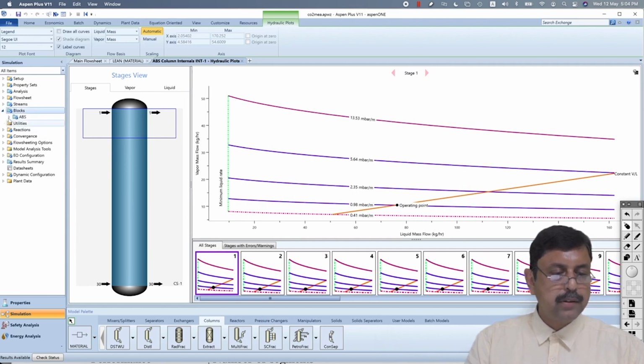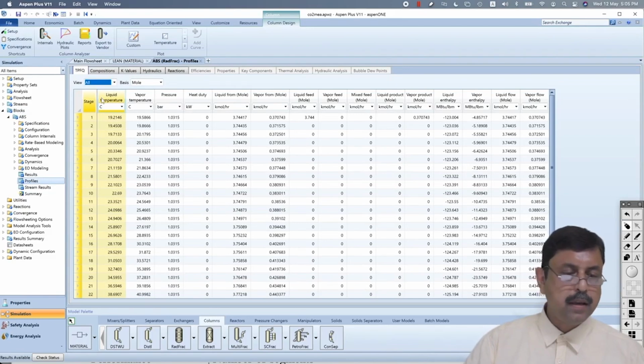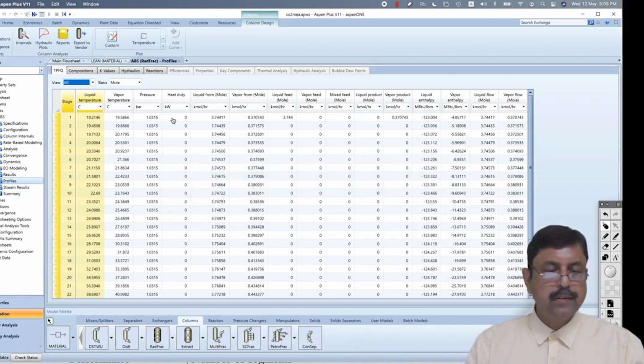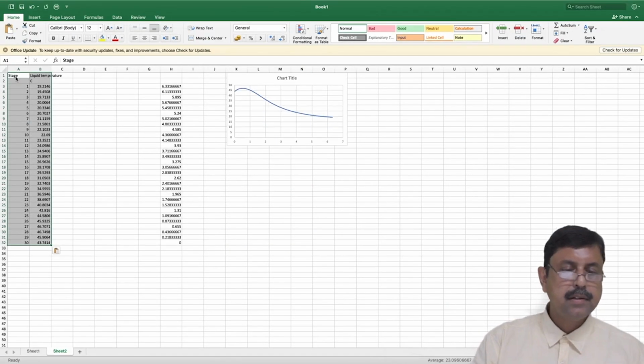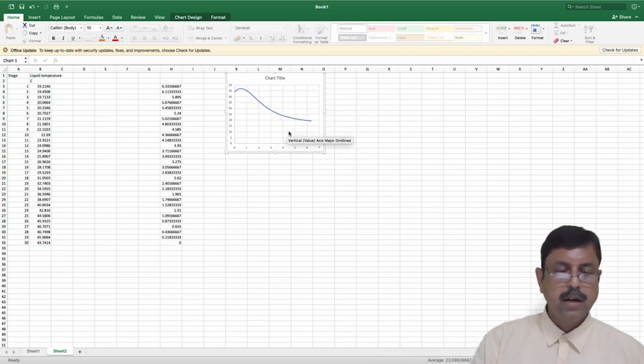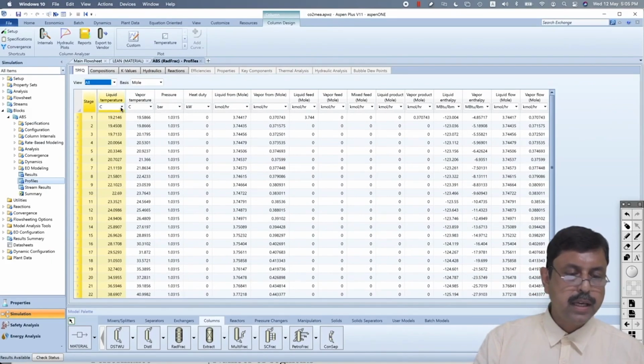Anyway, let us go to the profile once again and copy, go to the Excel file, press it, yes. Now we can see the temperature. Well, we have forgotten to change it to Kelvin.